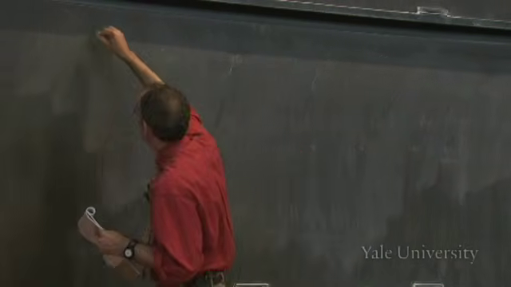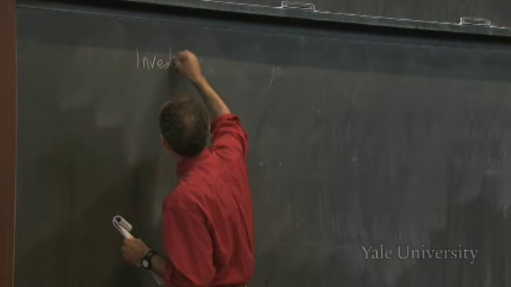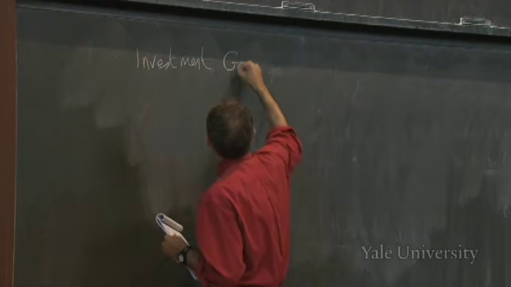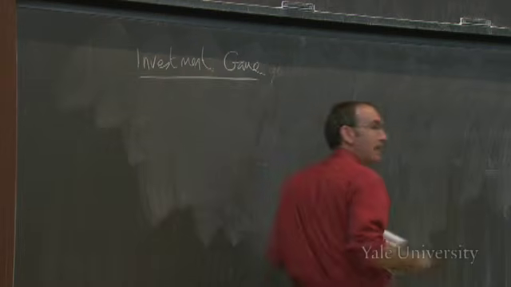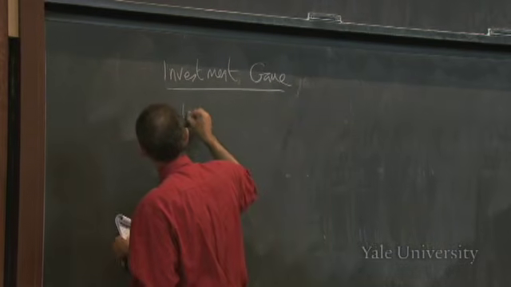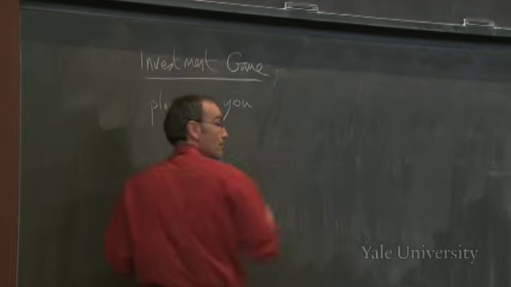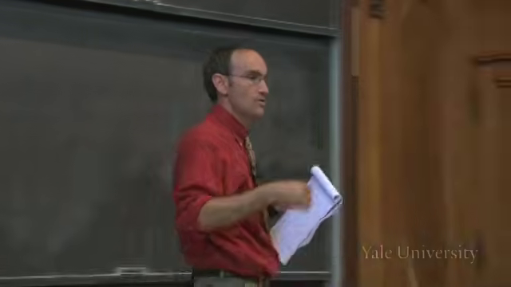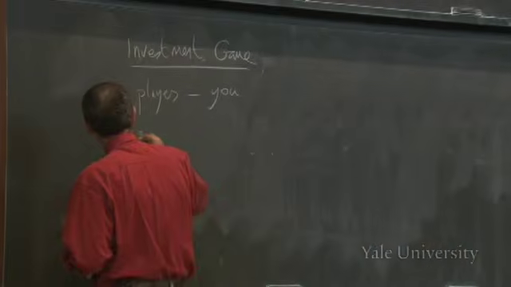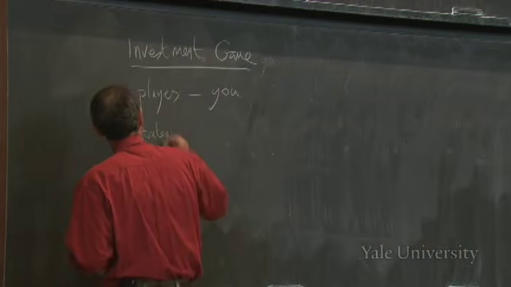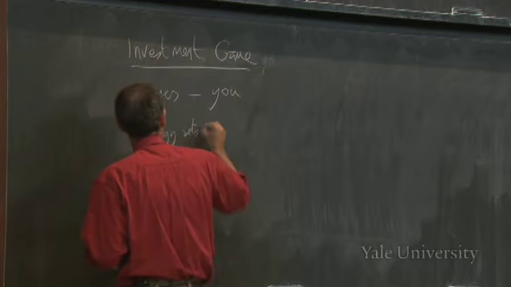So this is going to be called the investment game. And we're going to play this game, although not for real. The players in this game, as I just suggested, are going to be you. So everyone who was getting sleepy just looking at this kind of analysis should wake up now. You have to play. The strategies in this game are very simple, the strategy sets, or the strategy alternatives.